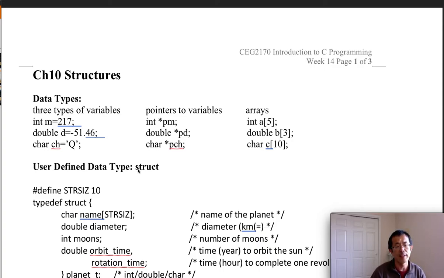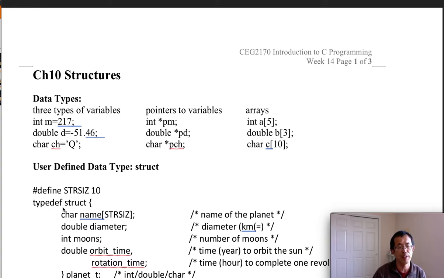To define a user-defined data structure, first of all, you use the keyword typedef. It really means to define a type, not a single variable. And the type is a structure.